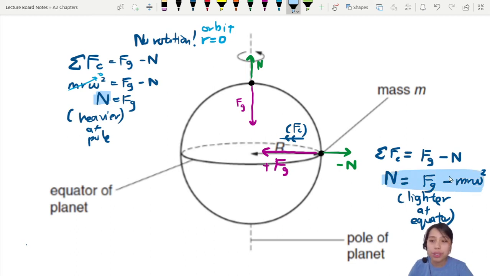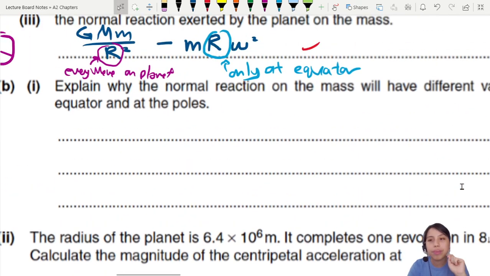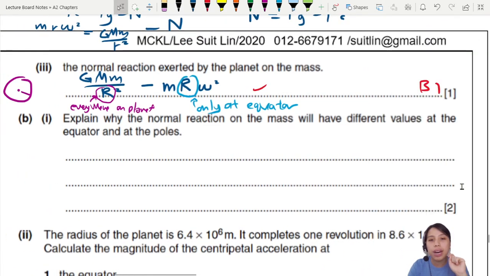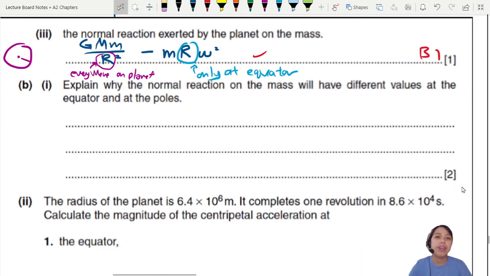Why? Well, it's the physics of circular motion. Okay? So there's no Fc. No rotation, no orbit, no Fc. Nothing. All 0. So how do we describe the changes? What is changing? The orbit radius is changing. So let's write it out. Why is there a different value of normal reaction?